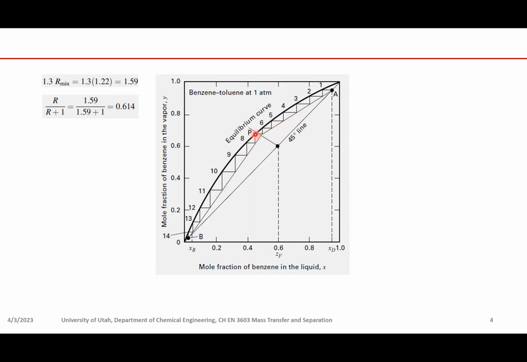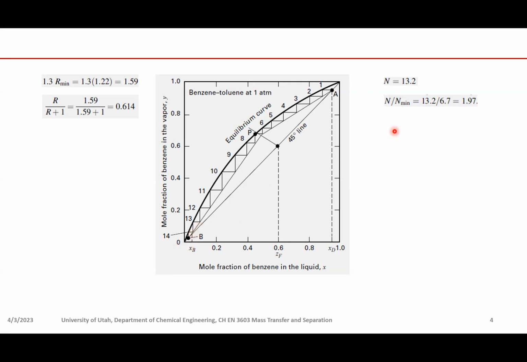And we can continue to do this step off, down and horizontally. You do this until eventually at stage 14, the horizontal line crosses the bottom composition. That gives you a total number of stages of 13.2.